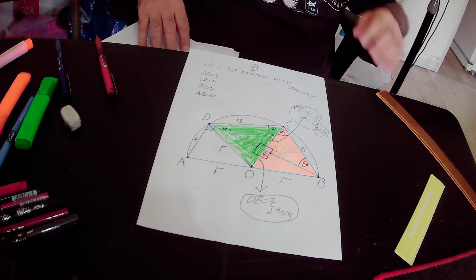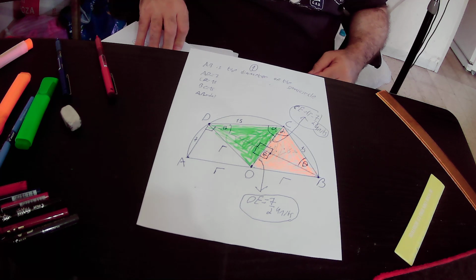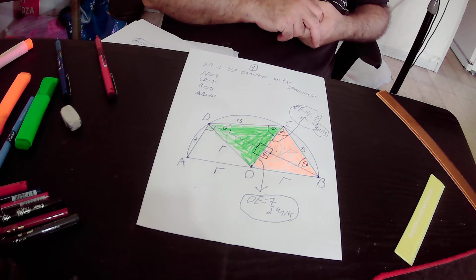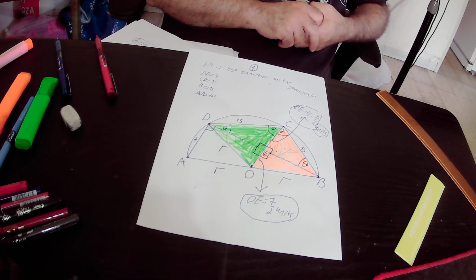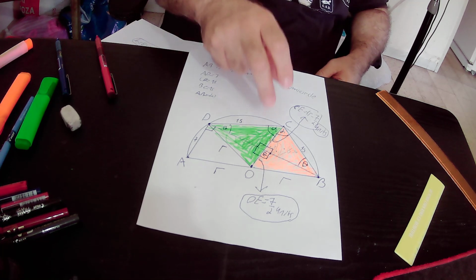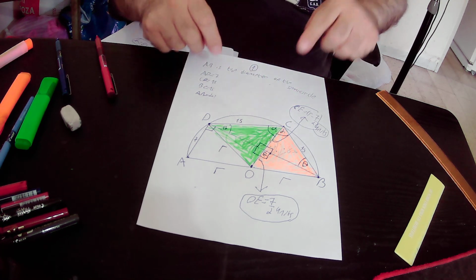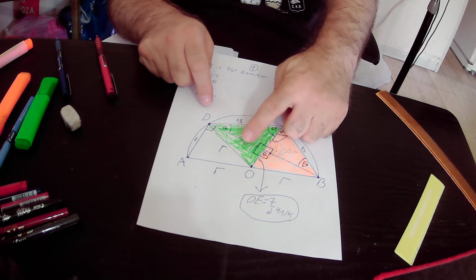And then we defined the center of this semicircle as point O, and then we connected together points O and C by a straight line, and we also connected points O and D by a straight line.